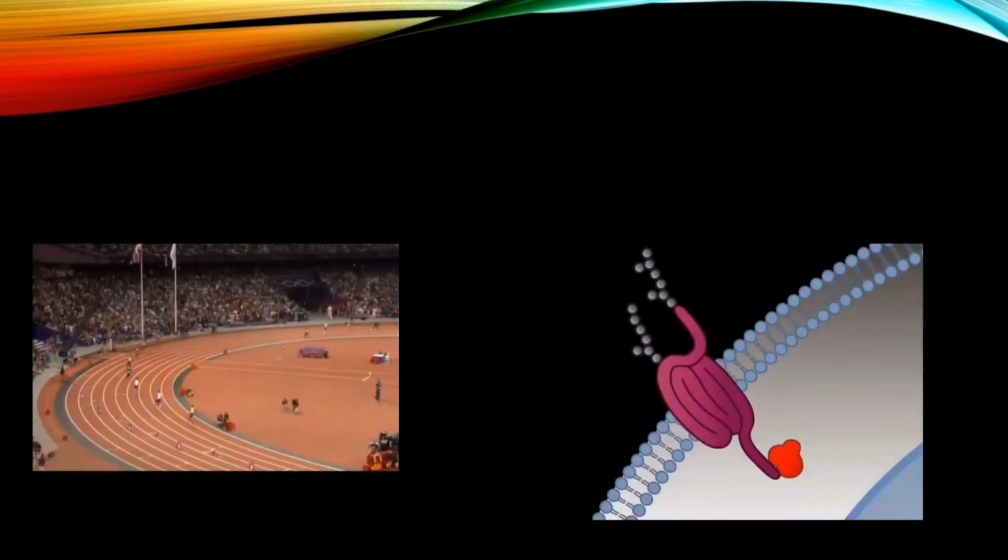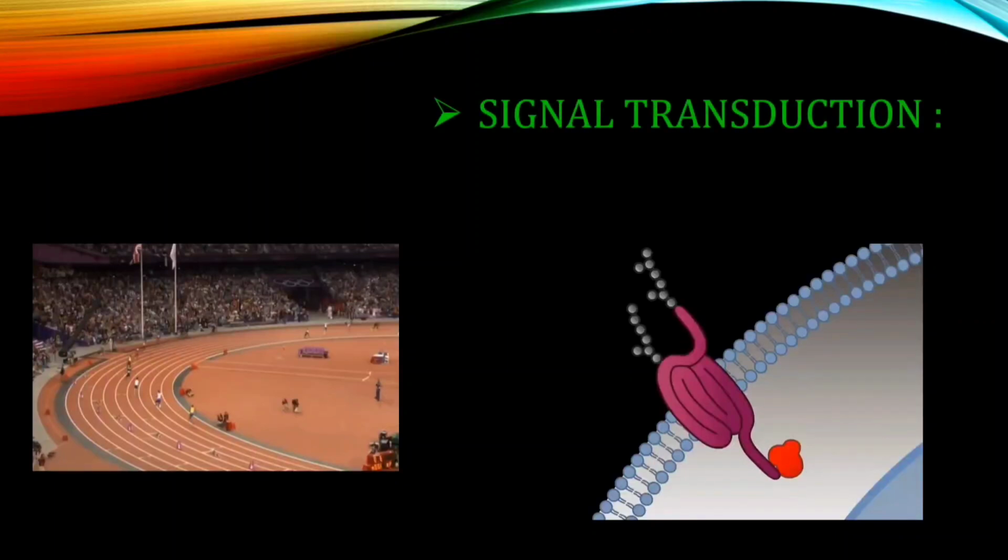Okay, now going to the next slide, and that is signal transduction. It is the process by which a chemical or physical signal is transmitted through a cell as a series of molecular events. It is like a relay race. You know the relay race.